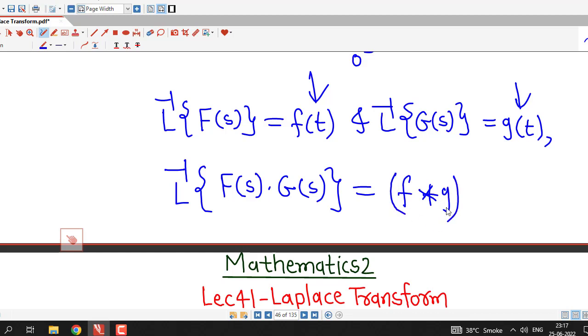So we will remember this convolution theorem for inverse Laplace transform.